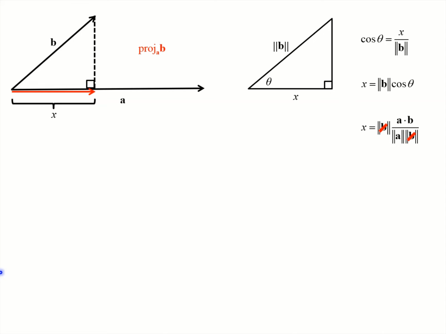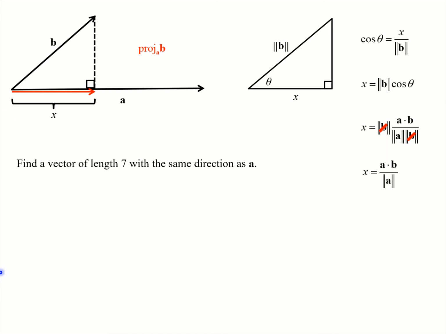And now I know the length of the projection. It is A dot B over length A. Sometimes that length is called the scalar projection, but we'll just keep moving on with this. So I did not find out what that red arrow is, but I did find the length of that red arrow.